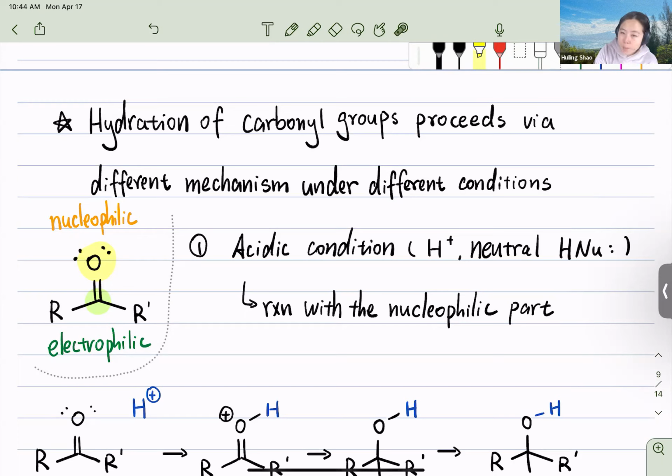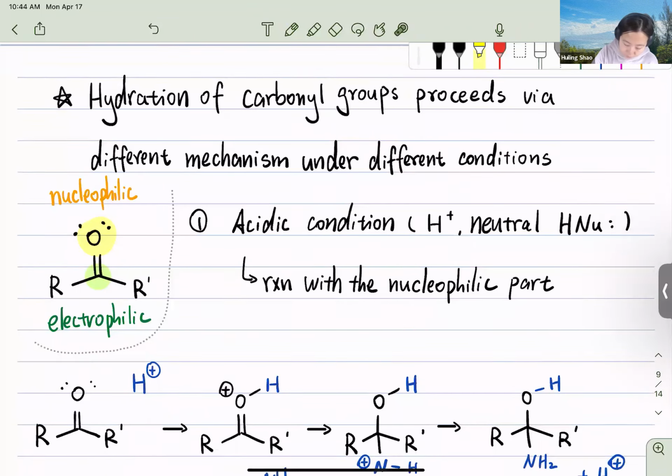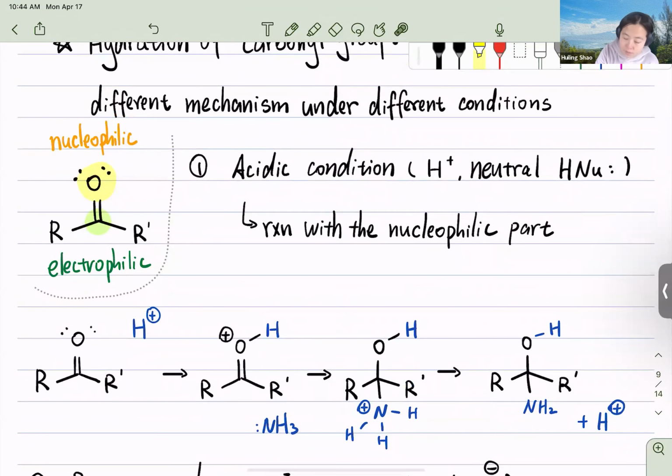So the same chemical reaction can undergo very different reaction mechanisms depending on what kind of reaction conditions are available. First example, you can have acidic condition where your ketone is reacting with an acid.